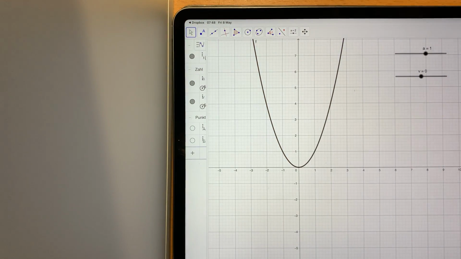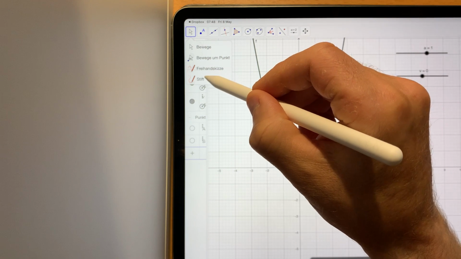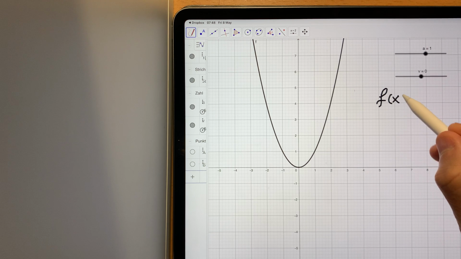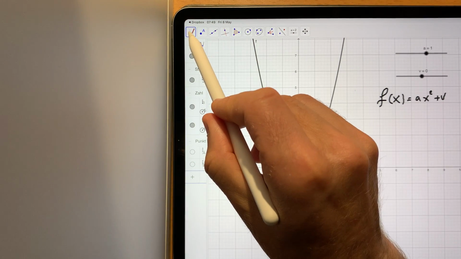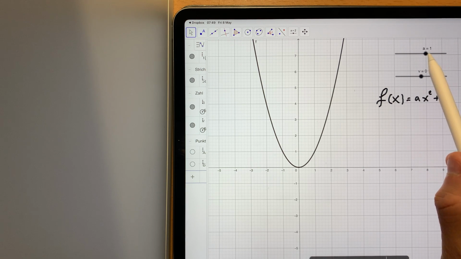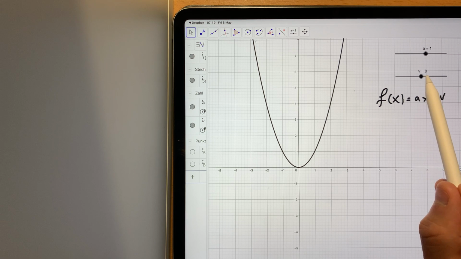I have this function here, the function f of x, ax squared plus v. Now look, a is at 1, so it's 1x squared plus 0 at the moment.